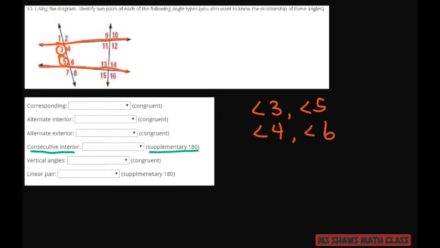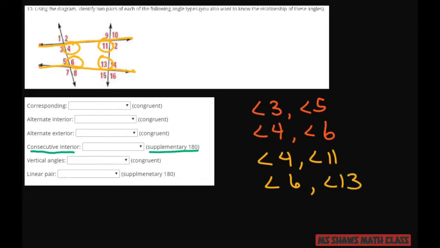Now if you look at this a little different, you could also say, because you have these two lines here, that these are consecutive interior as well. So you could say angle 4 with angle 11 and angle 6 with angle 13. You add those up, they're also going to be 180. And then of course you have these are also consecutive interiors. So you could have angle 11 with angle 13 and angle 2 with angle 4.